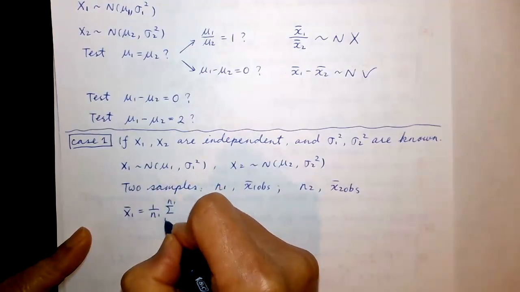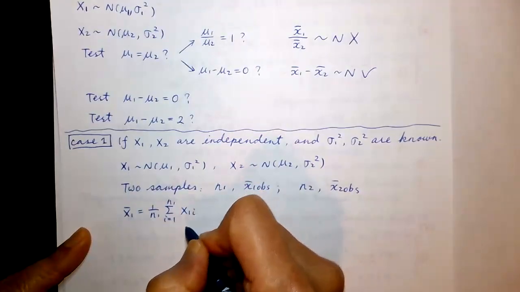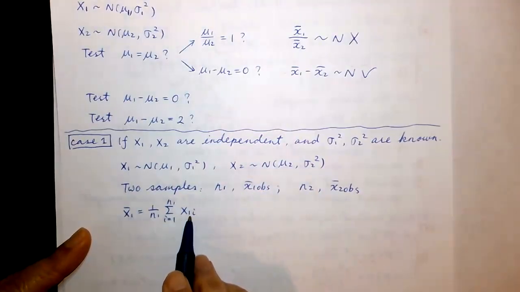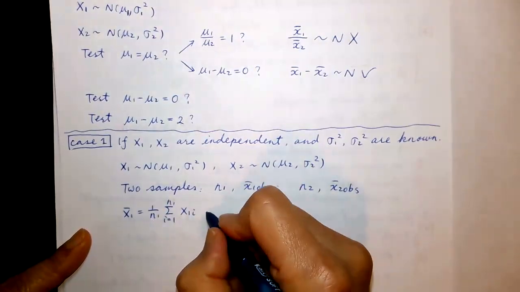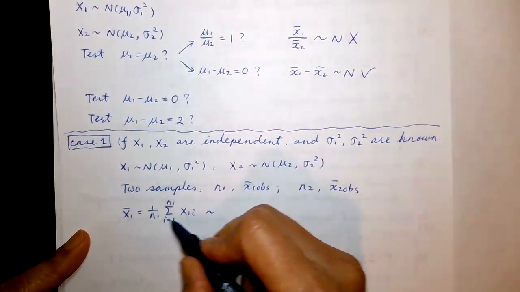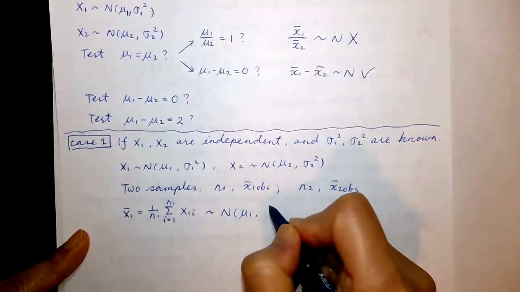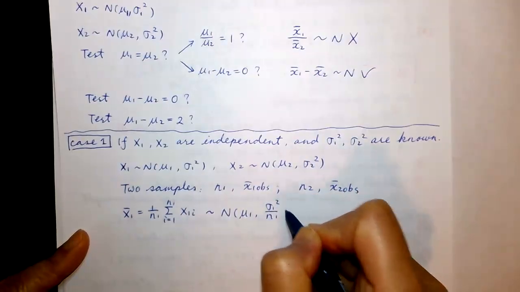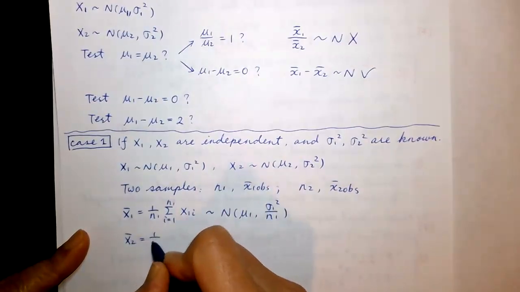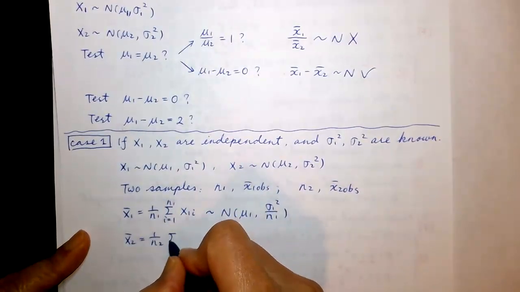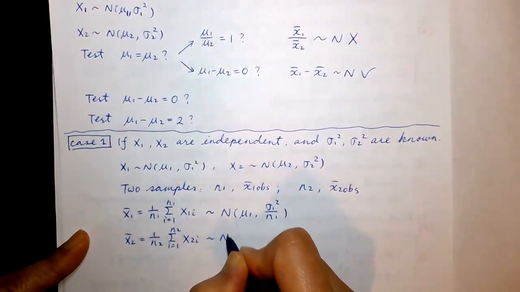This sample mean is the way to calculate any. The first boy's height plus the second boy's height plus, and so on, then divided by the total number of boys. This is a linear function of normal variables, so it's normal. Do the same for the average height of the girls.